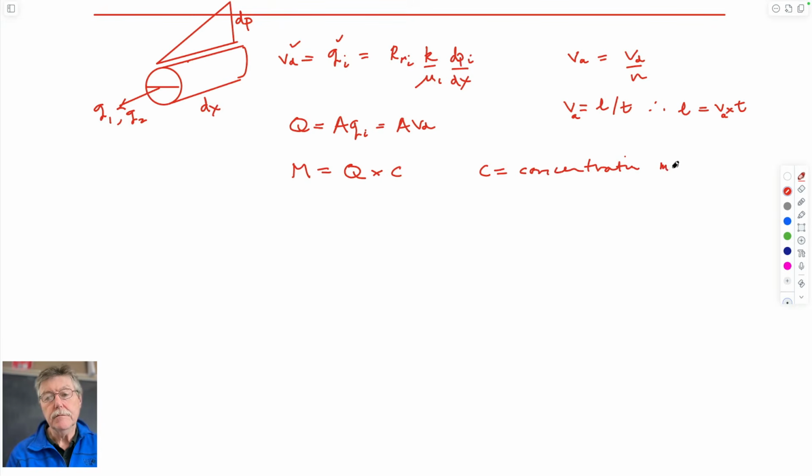So, for instance, as units: the volumetric flow rate, if it's in SI, and if we have the concentration in grams per meter cubed, and then we have the flow in volume per unit time, then that gives us a mass.